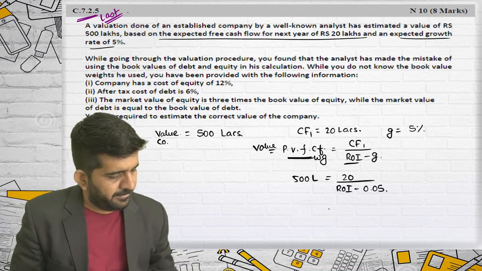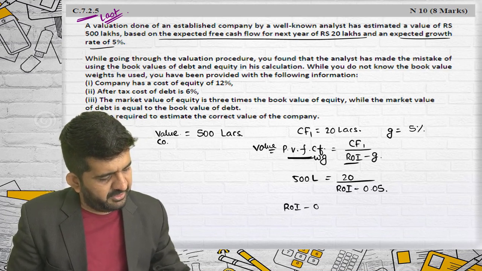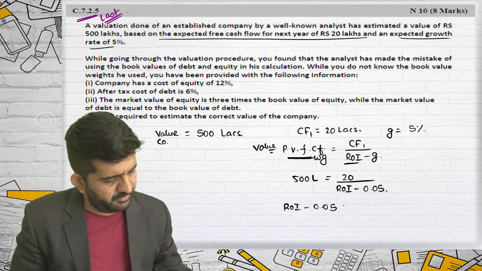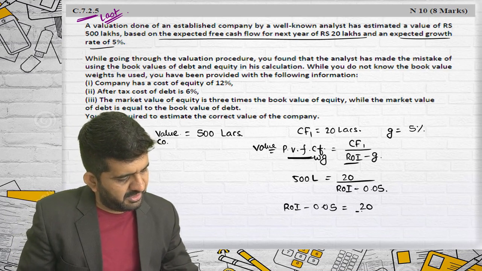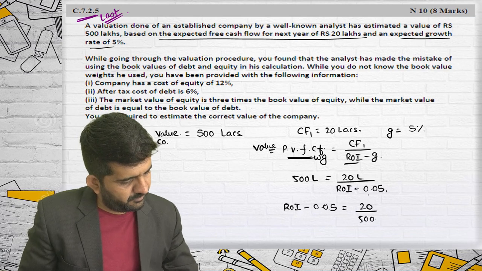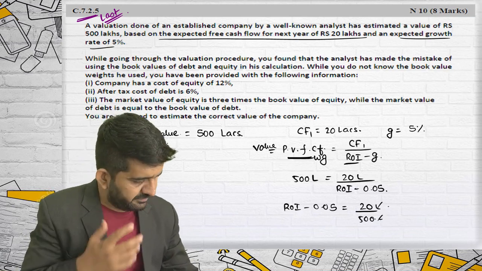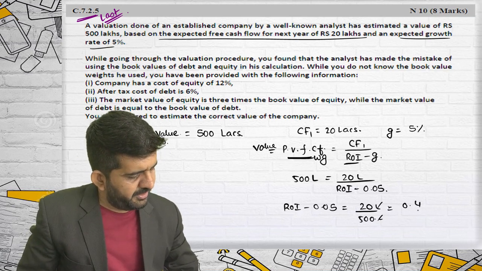What will be the rate of interest? ROI minus 0.05 or 5% is 20 divided by 500. Lakhs will get cancelled.